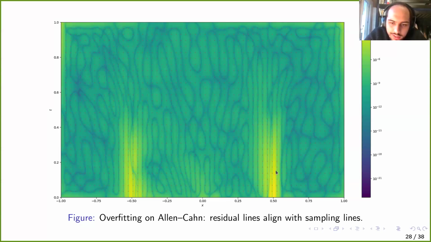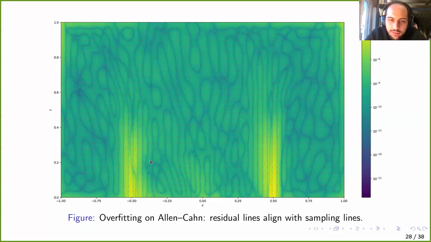And we see that in fact we have overfitting. It means that the residual oscillates, and what the algorithm does is to put the part where the oscillation is at 0 exactly on the sampling points.